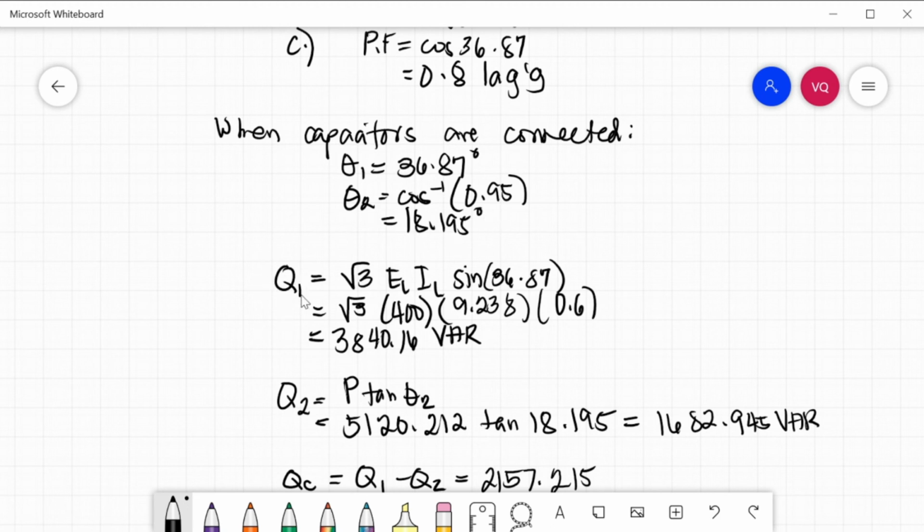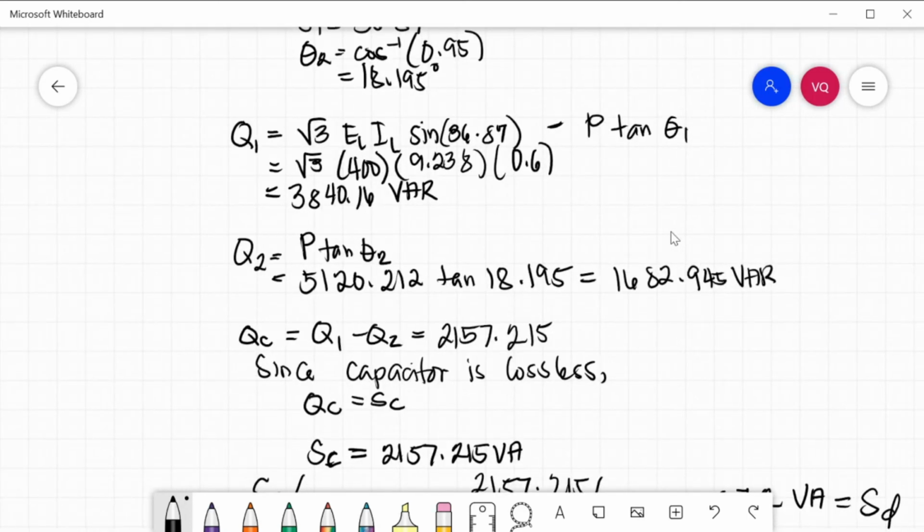Q1 or the var 1, we have square root of 3 ELIL sine of 36.87, or we can solve this one by P tan theta 1. Q1 is equal to 3840.16 var.